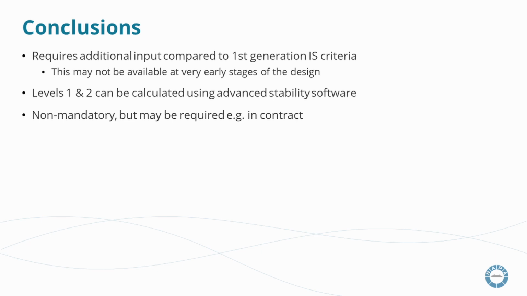The second generation intact stability calculations require additional input that may not easily be available at the early design stages. The first 2 levels can be calculated using advanced stability software, and even though the second generation intact stability criteria are non-mandatory, they might be required, for example, in a contract.